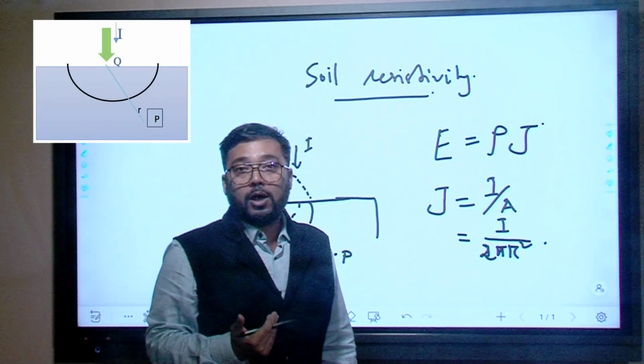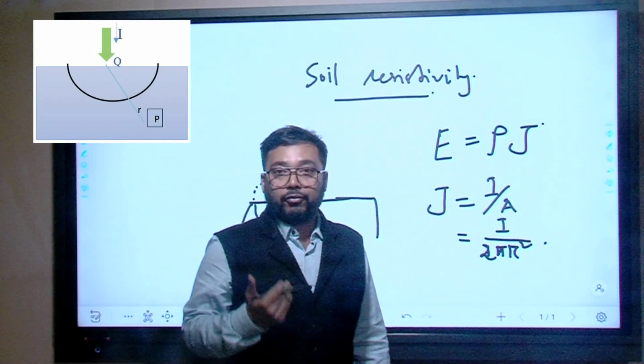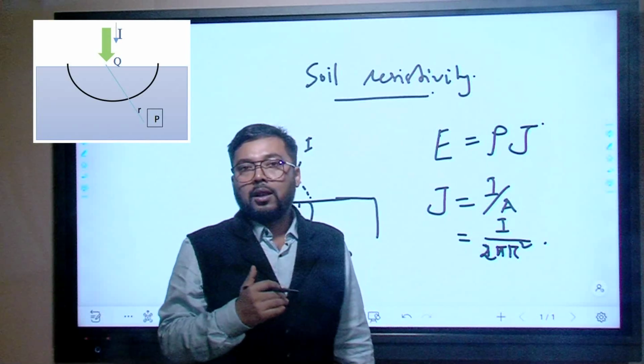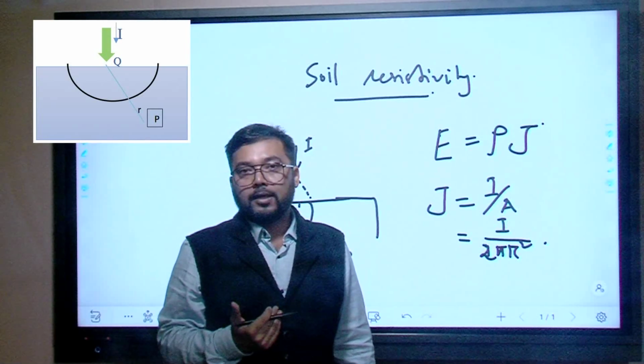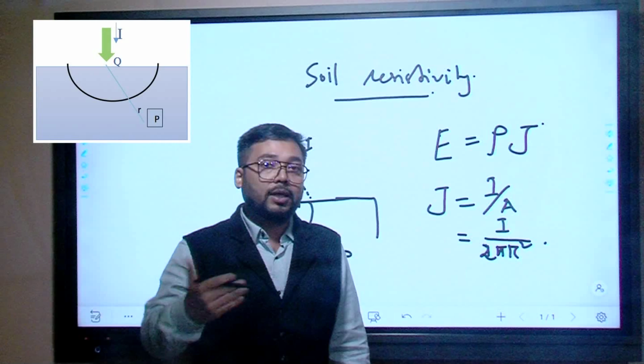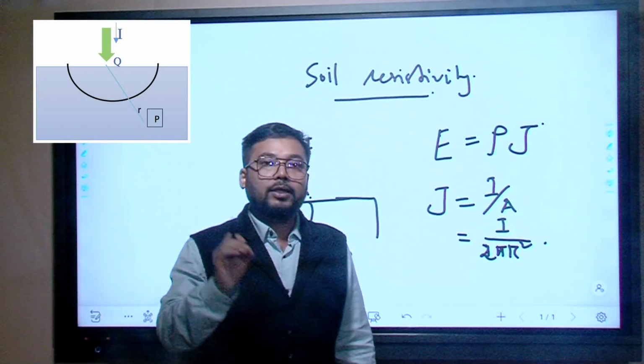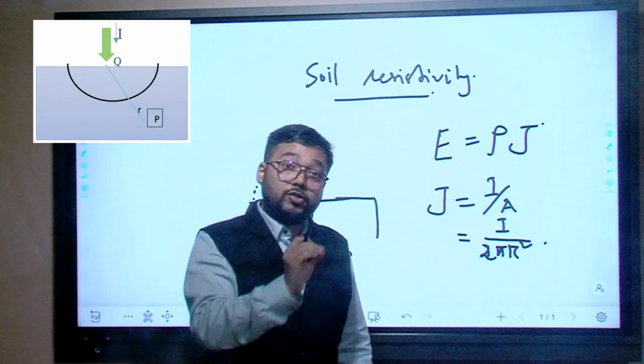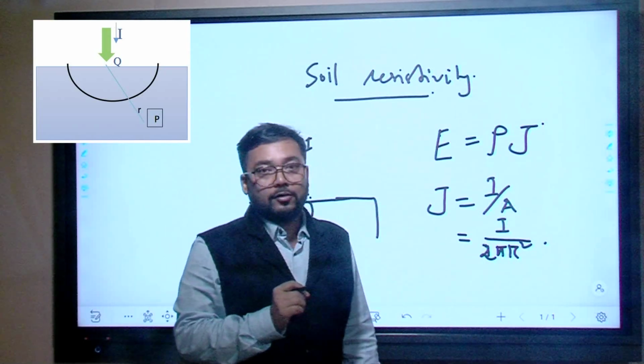Now we know from our basic knowledge of electric field that the field inside a spherical conducting sphere is 0, and at any point outside the sphere, the field due to the sphere is equal to that of a point charge sitting at the center of the sphere.